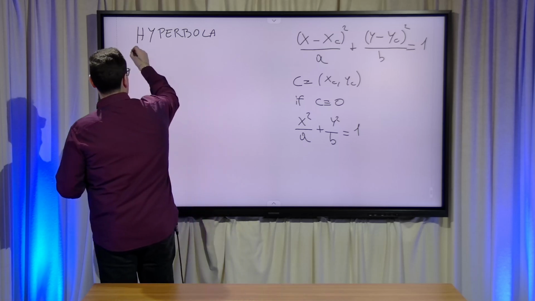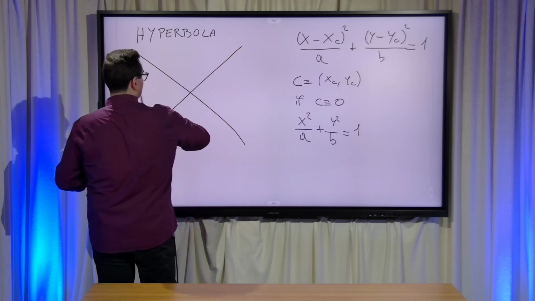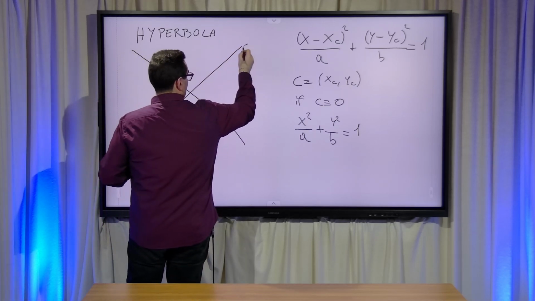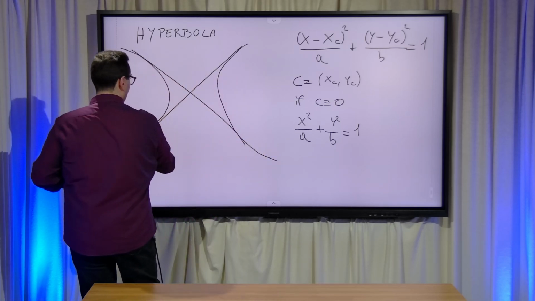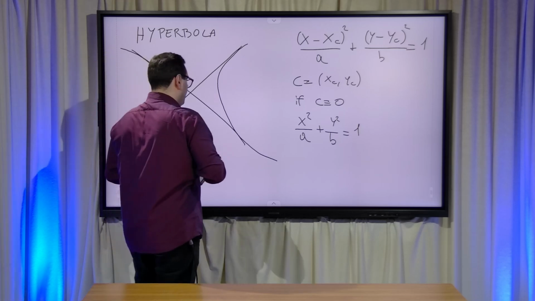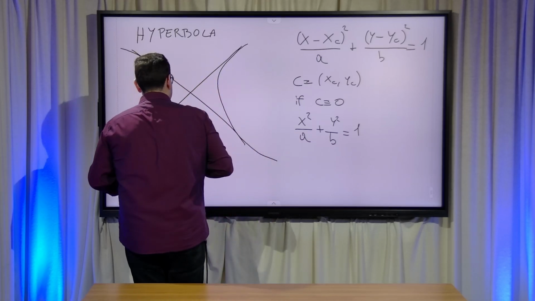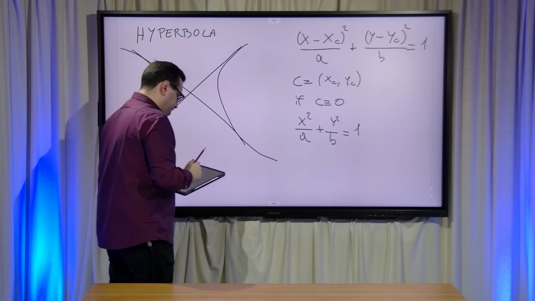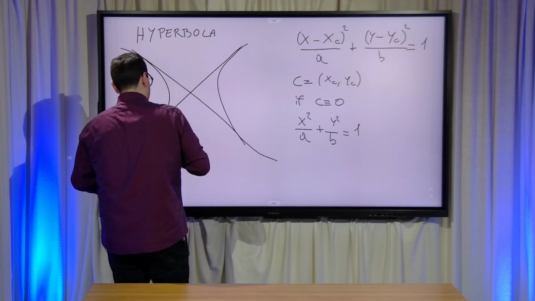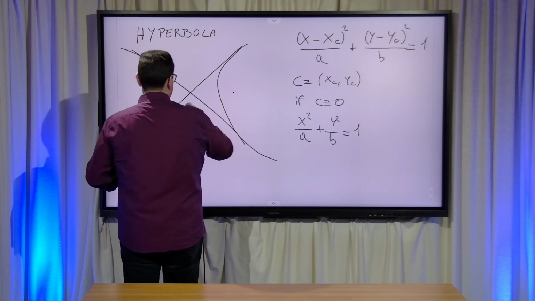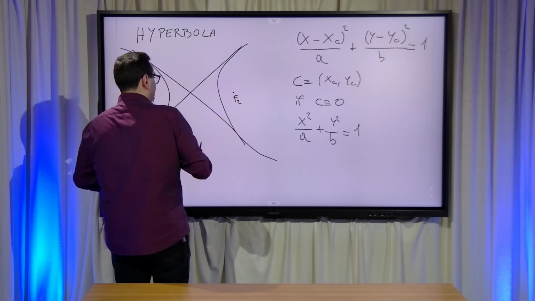Okay, let's draw the hyperbola. These are the asymptotes of the hyperbola, and this is the hyperbola. And we can say that the hyperbola is the set of all points for which the difference of whose distances from two distinct fixed points, let's say this one and this one, called foci, is a positive constant.